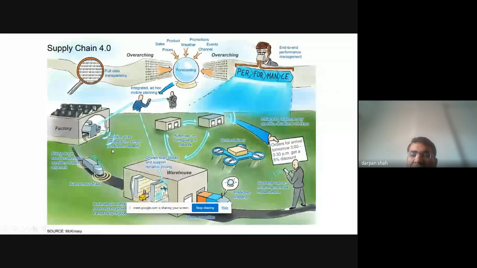Then we can commit exactly: the OEMs, the equipment manufacturers, the product manufacturers can commit very accurately to the customer with respect to the delivery time. So there is a lot of automation and data analysis that is required going forward in supply chain management.